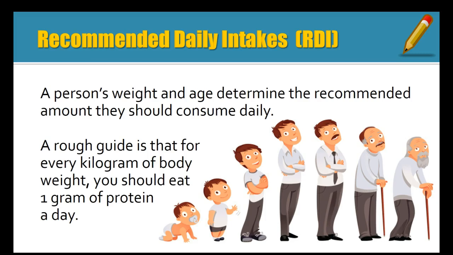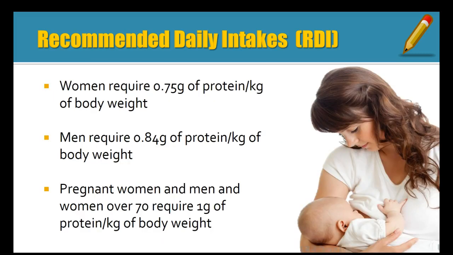As a general rule, a person's weight and age can determine the recommended amount of daily protein that they should consume. It's a rough guide that for every kilogram of body weight, you should eat 1 gram of protein a day. So roughly women require 0.75 grams of protein per kilogram, whereas men who tend to have a higher muscle mass than women will require 0.84 of a gram per kilogram of body weight.